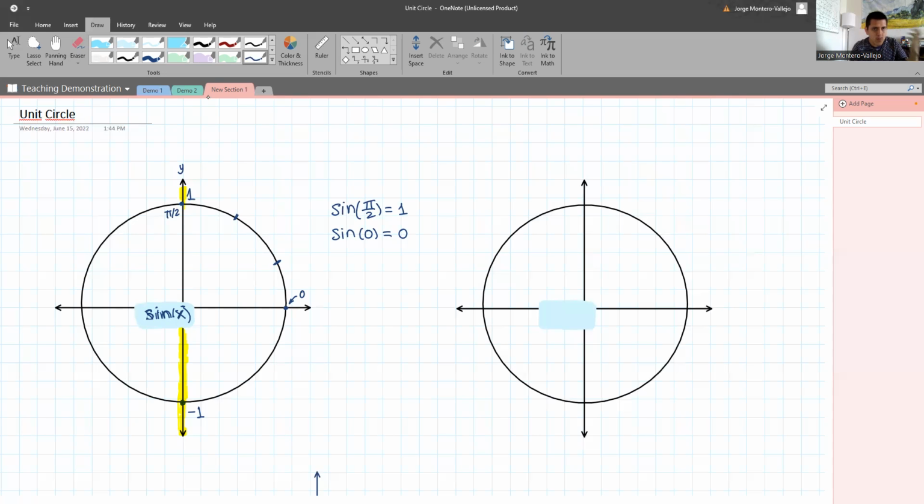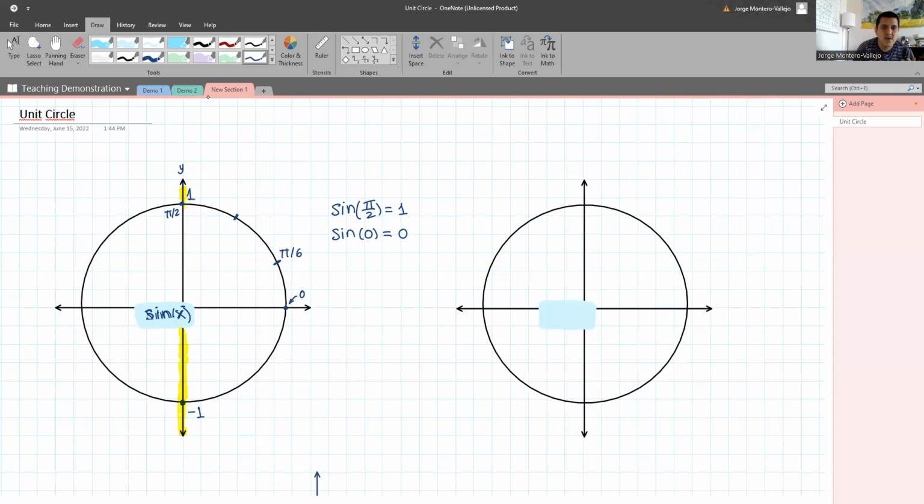Now what is it that we are doing here? This is 30 degrees, and 30 degrees is 1/6 of 180. 180 is pi, so 30 degrees must be pi over 6. So this is pi over 6.